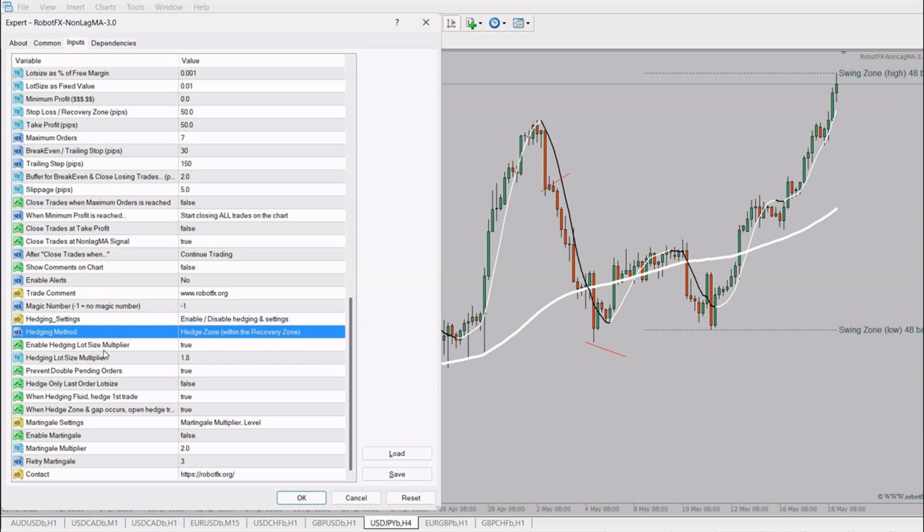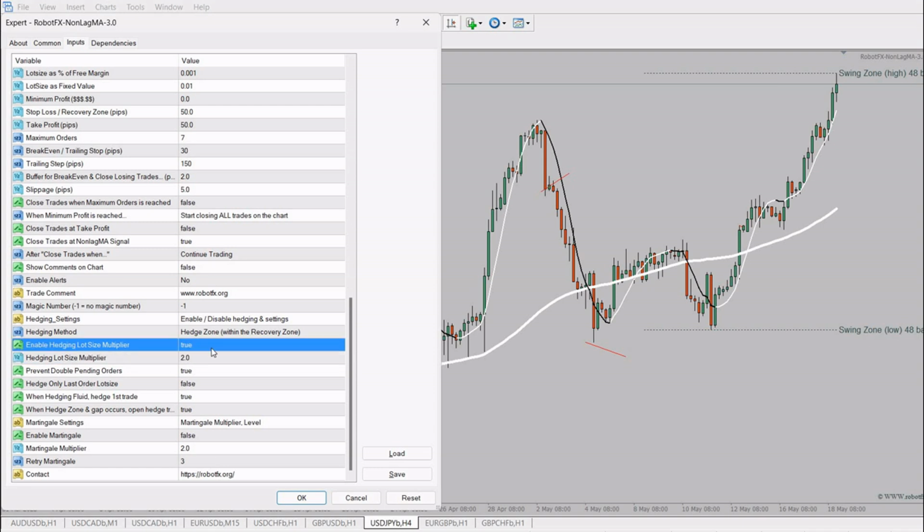Now, there's also the possibility to set the hedging lot size multiplier, which is this input right here. So if I set this to 2, that means that the hedging trade will be double, so the expert advisor will double the lot size of the trade or basket of trades, depending on the settings.